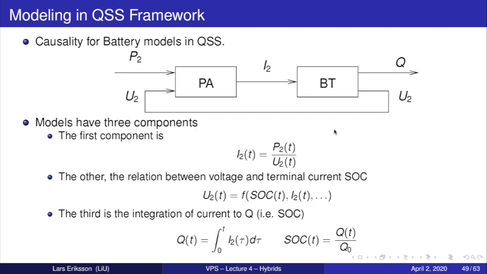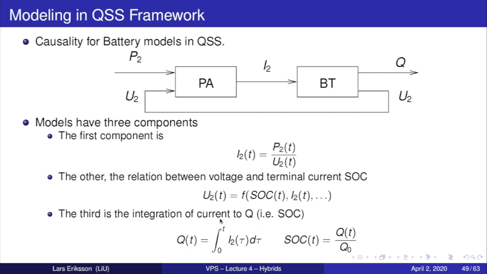And the models have three components. The first component here is the power of the battery, where the power of the battery is used to determine the current. And then this voltage that is used here is coming from the state of charge, SOC. And there's also current dependence on how much voltage we have from the battery.